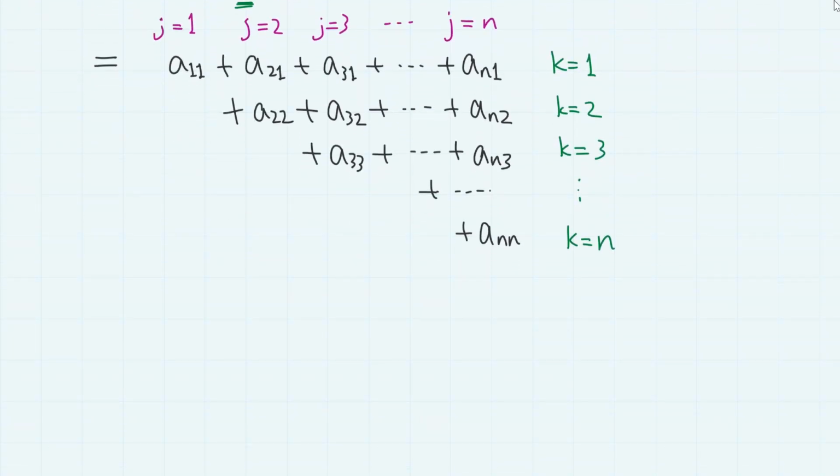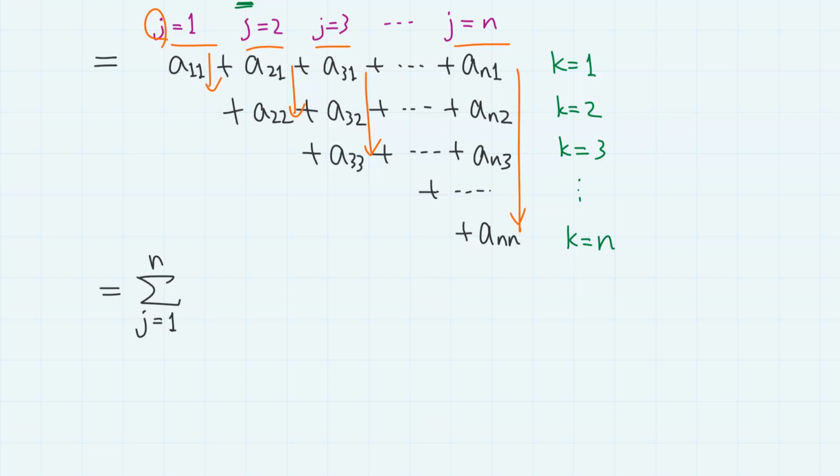Now let's consider this summation by adding vertically. Then you will notice that j, the column index, changes from 1 to n. And for each specific j, k, the row index, now goes from 1 to j, right?